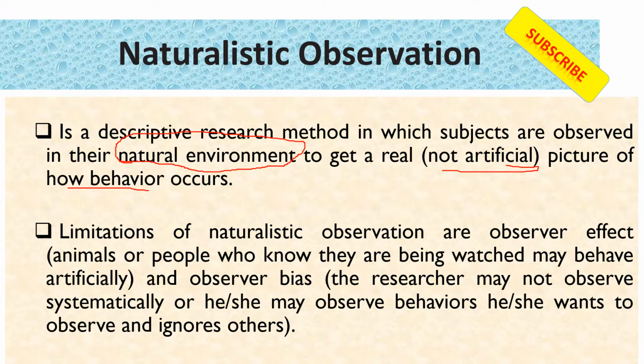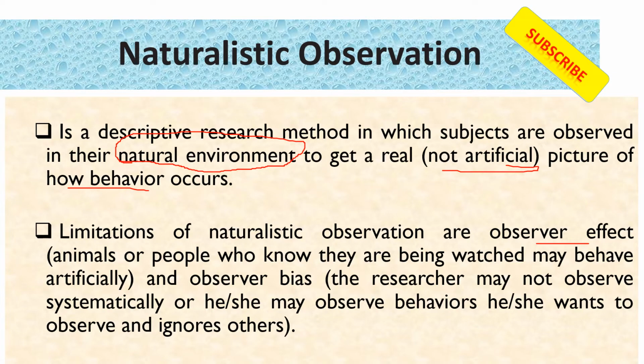The limitations of this type of methodology include what we call the observer effect, whereby animals or people who know that they are being watched behave artificially. We notice that when you are being observed, you tend not to behave the way you would behave if you were not being observed.